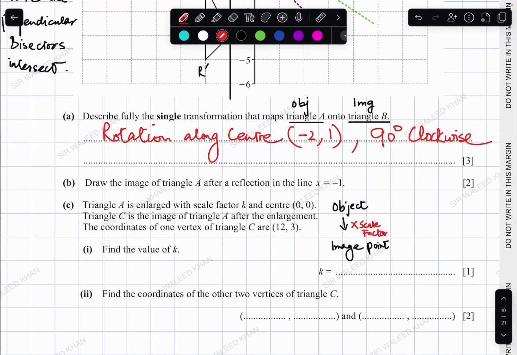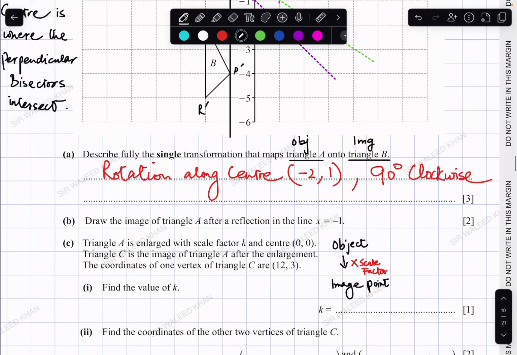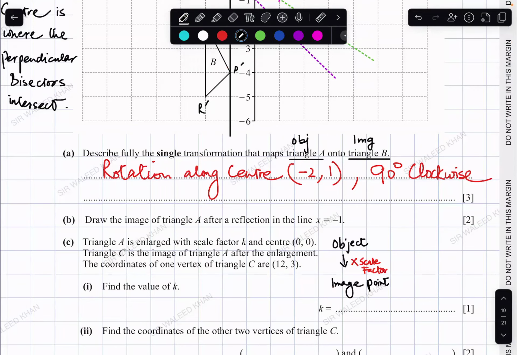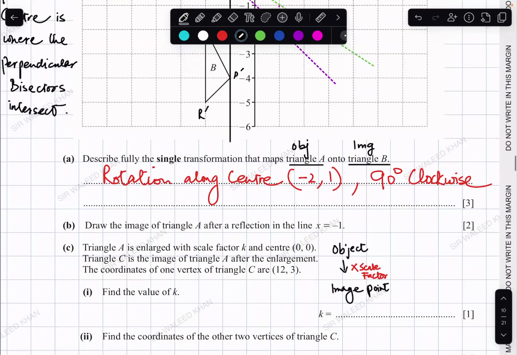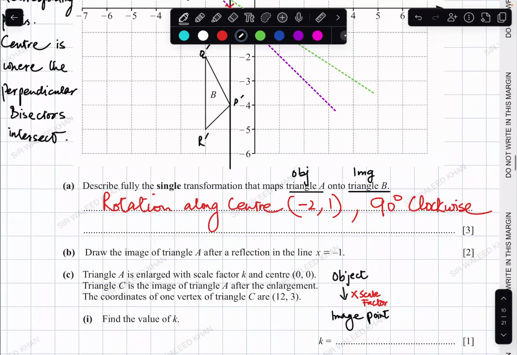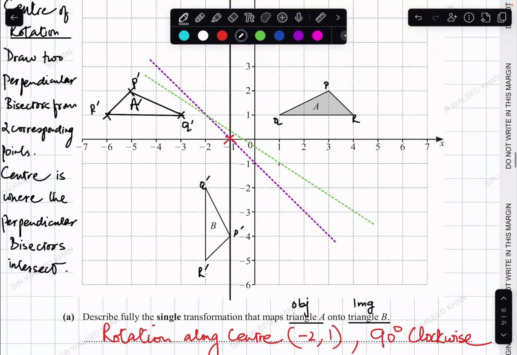Over here, if I see the object point, I have to use column vector form, right? Horizontal movement, vertical movement. So we are going to transform triangle A. So where is it from the center?